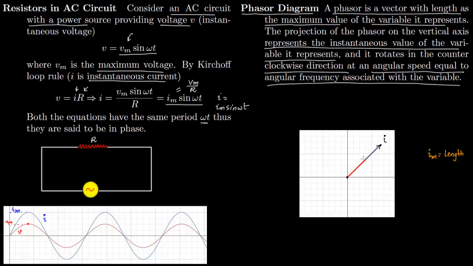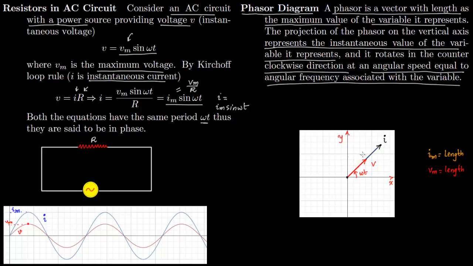Now you focus on the red vector. So this red vector is the voltage. So V of M is the length of this red vector. This is the maximum value of the voltage. Now it makes an angle with the x-axis. So you have x-axis right here, y-axis right here. So this angle is omega t.